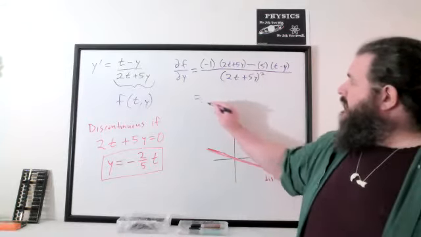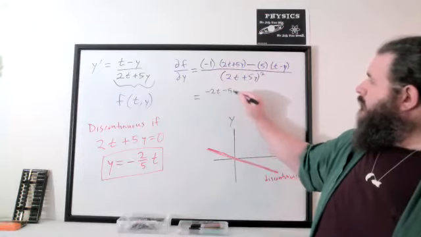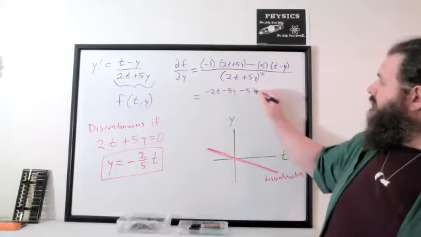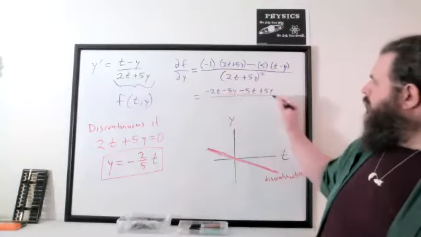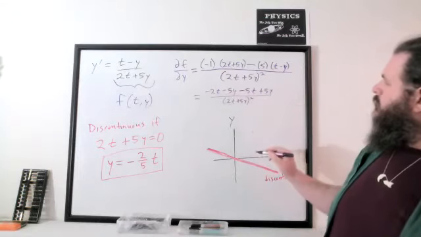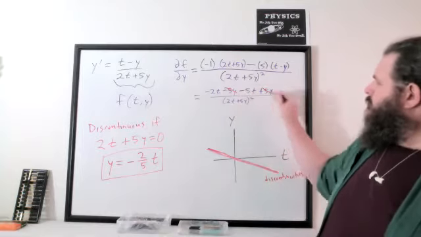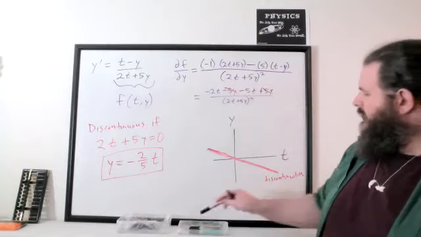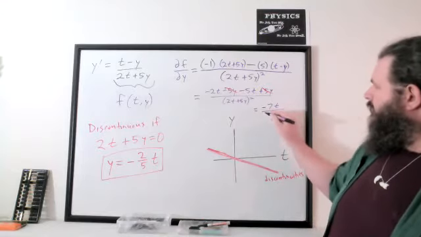Simplifying that a bit, we get -2t minus 5y minus 5t plus 5y all over this whole thing. Looks like the 5y's cancel out. So we get negative 7t over all this.